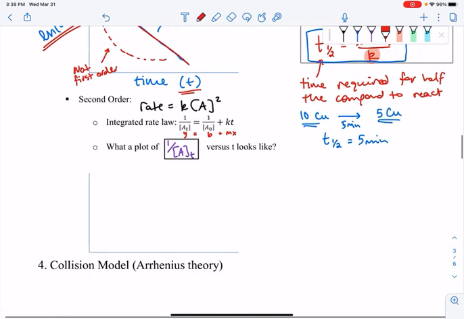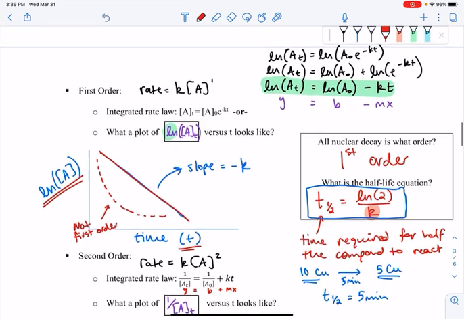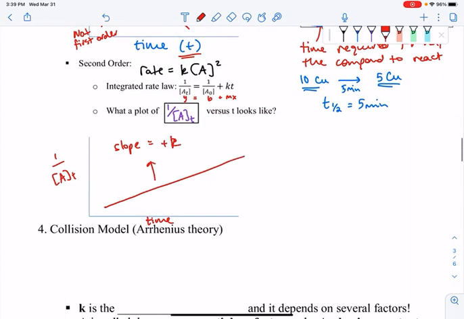So here, if I plot 1 over the concentration of A versus time, I will get a straight line if it's actually second order. And now notice that the slope is equal to positive K. These were negative K. This is positive K, okay?